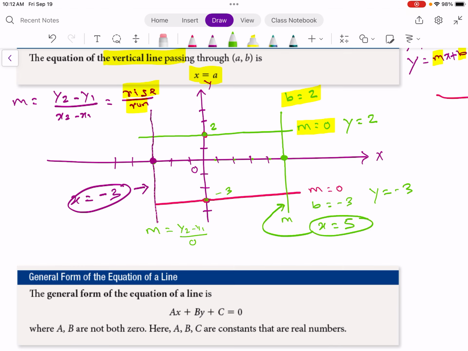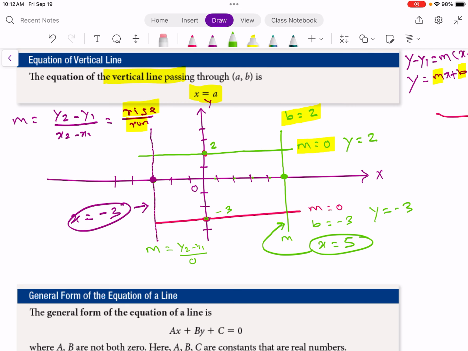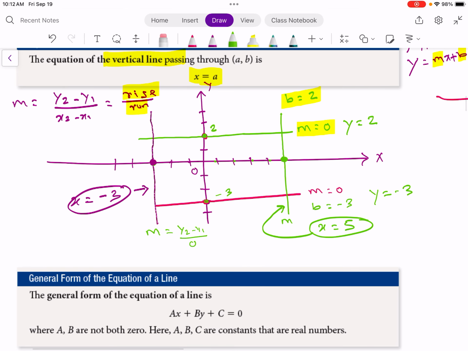So if you have y equals some number, that is a horizontal line. If you have x equals some number, that is a vertical line. So x equals a is a vertical line, its slope is undefined, and y equals b is a horizontal line, and b is the y-intercept. So this is about vertical and horizontal lines.